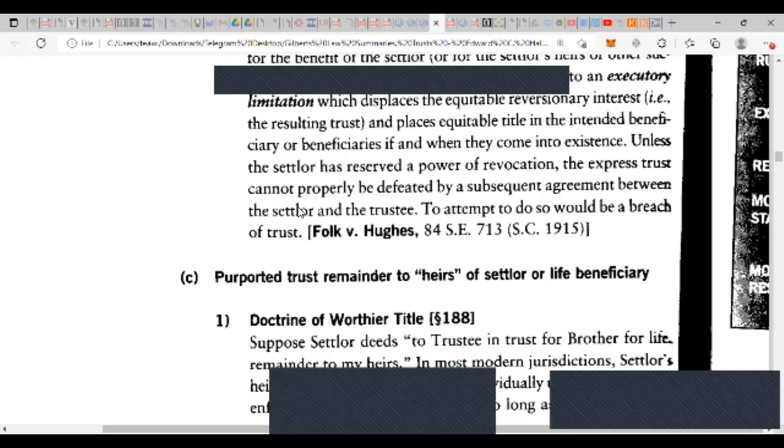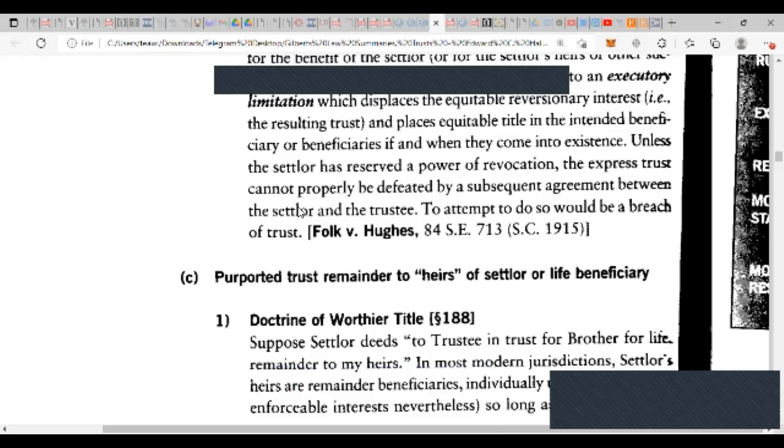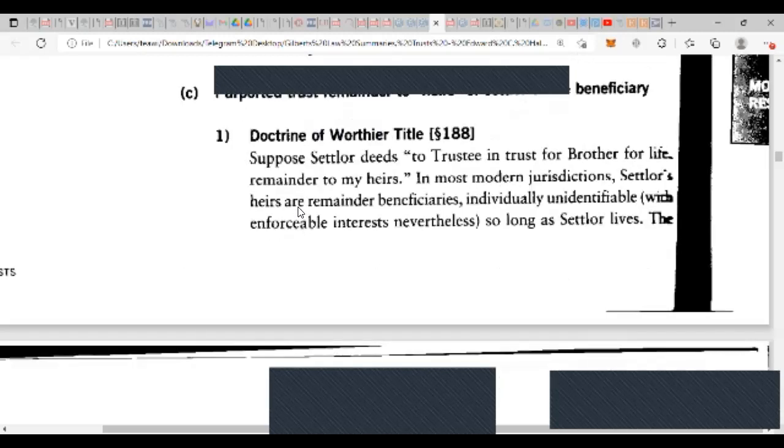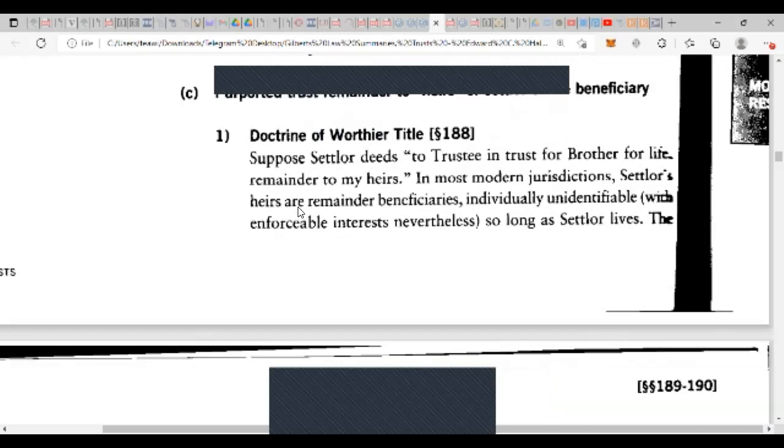C, purported trust remainder to heirs of settlor or life beneficiaries. Number 1, doctrine of worthier title. Section 188. Suppose settlor deeds to trustee in trust for brother for life, remainder to my heirs. In most modern jurisdictions, settlor's heirs are remainder beneficiaries, individually unidentifiable but with an enforceable interest nevertheless.